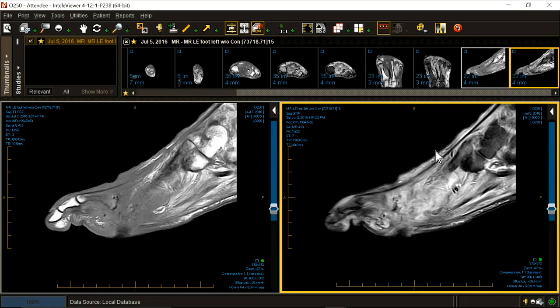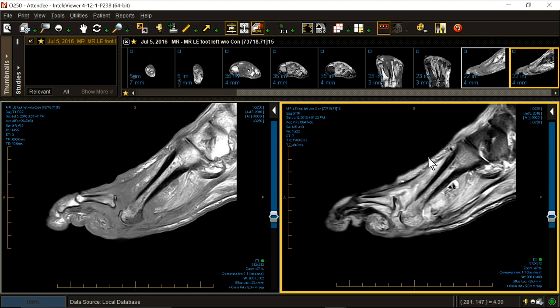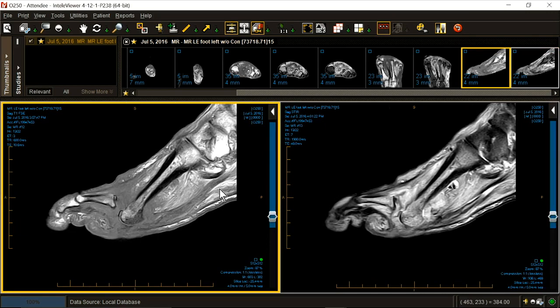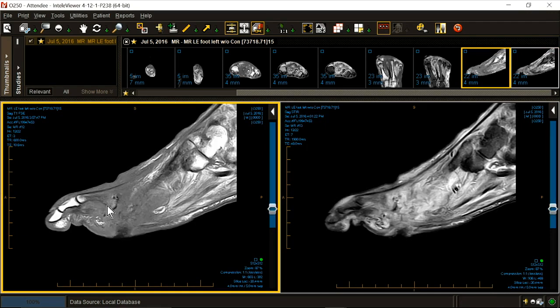Wow. Okay, the plantar plate is ruptured. There's the ulcer. He's got an ulcer because the bone is subluxed, pressing against the ground. So that's what caused the ulcer.